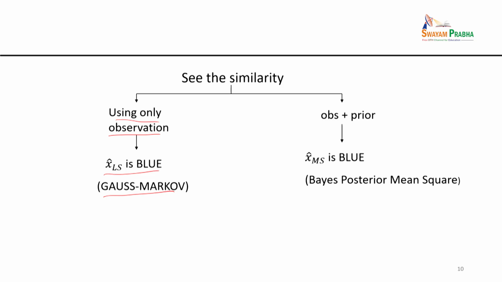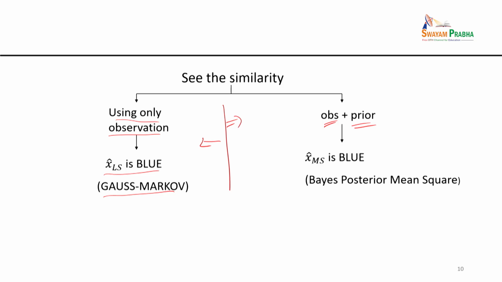But in the Bayesian setup, I have observation, I have prior. Please understand, on the left-hand side, the Fisher's framework, I have only observation. On the right-hand side, I have observation and prior. In this case, we formulated in the context of Bayesian. And what's common between the two? There are lots of little things common between the two. Here also, I used the cost function as the sum of squared errors.